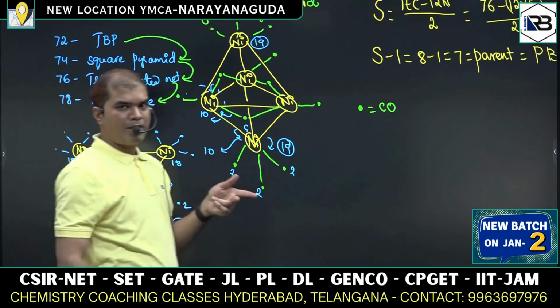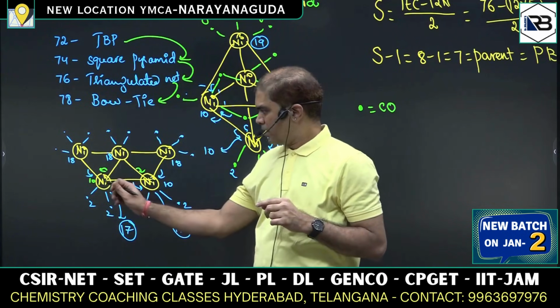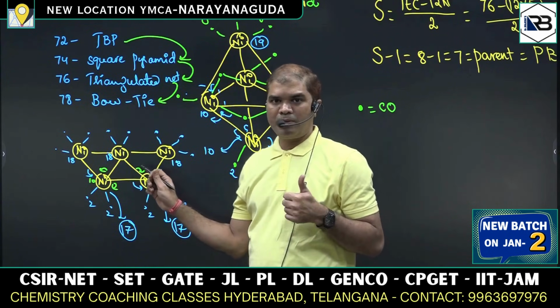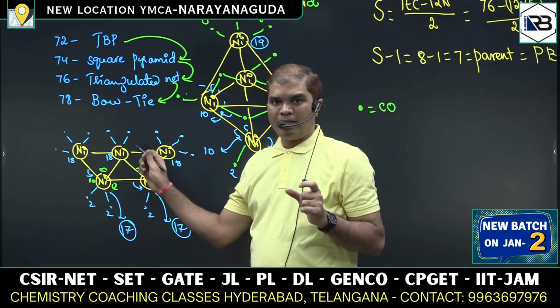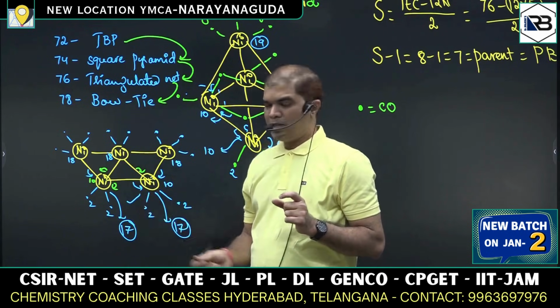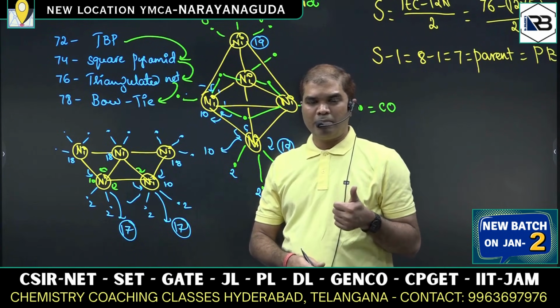There are 2 negative charges, so we can account for those. Each negative charge we can add on to these nickels, so that every nickel will obey the 18 electron rule. So provided that every nickel obeys the 18 electron rule, this must be the structure, but originally the structure was found to be TBP. So that is the reason we say PSEPT fails.